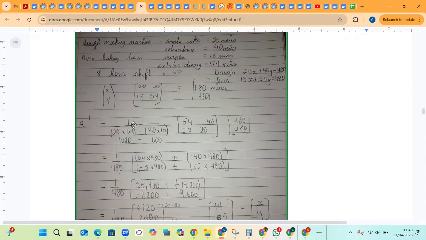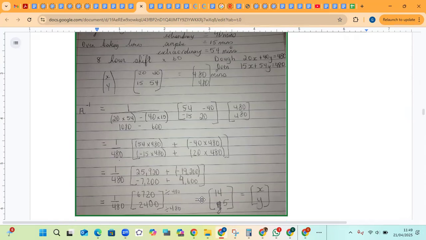Okay, now here we found the determinant, the inverse, sorry, of the 2 by 2. 1 over the determinant times the adjoint or the adjugate, and here the 2 by 2 now is multiplied to the 480 in column matrix, and here lower down, remember it's row by column, 54 by 480 plus minus 40 by 480 and minus 15 by 480 plus 20 by 480.